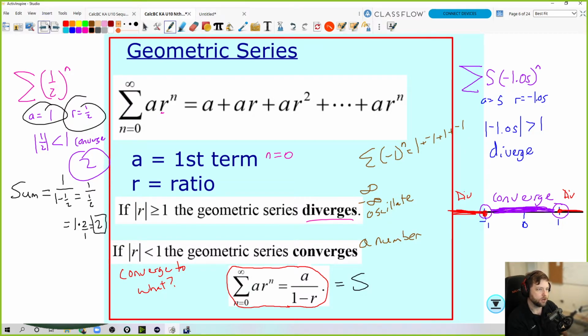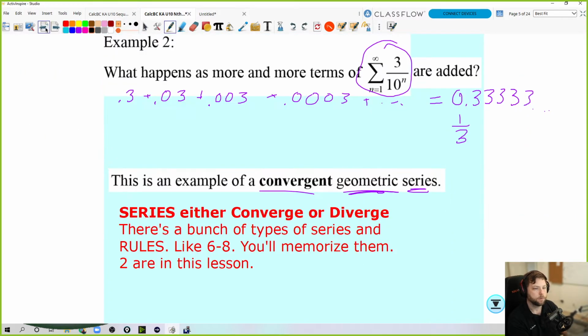Now, I can even go back. Remember this one? Let's say you had this sigma notation right here. In this case, now my r, okay, the trick is your r is not 3 over 10. I want to rewrite this one.